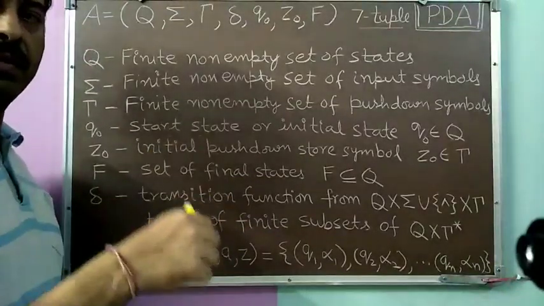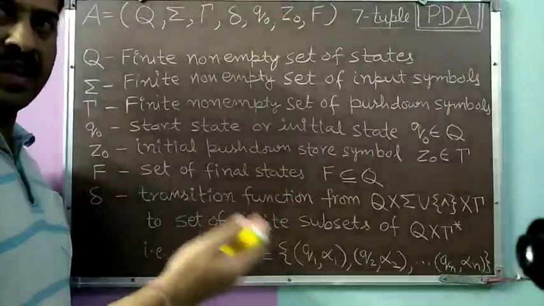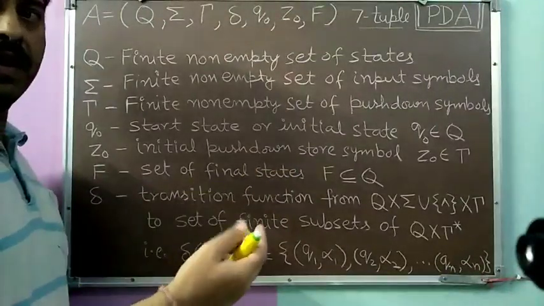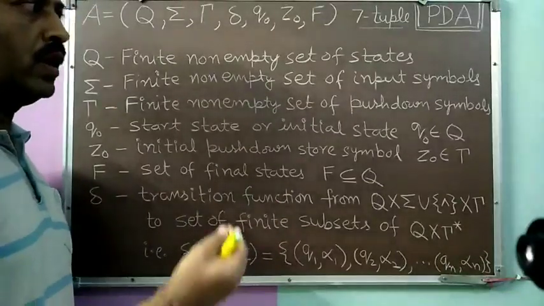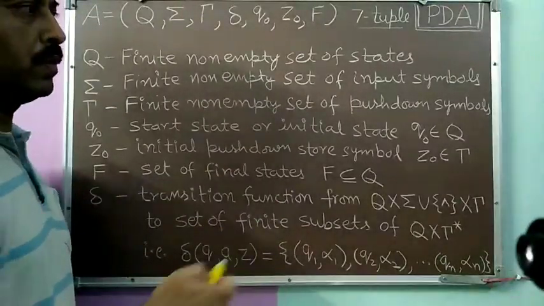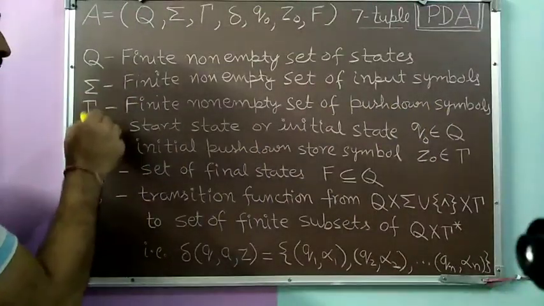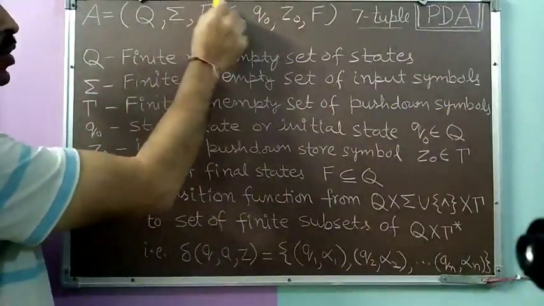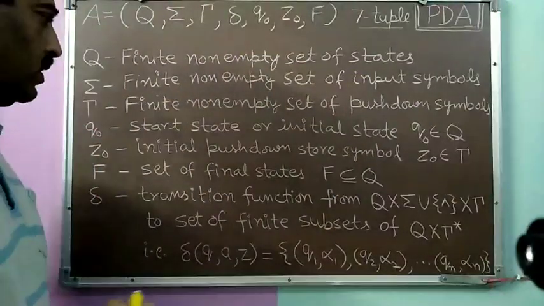There are certain symbols which can be pushed onto this stack, or which this stack can hold. All the symbols which this additional memory can hold are called push down symbols. All push down symbols are stored as a set, and that set is called rho. So rho is the finite non-empty set of push down store symbols.